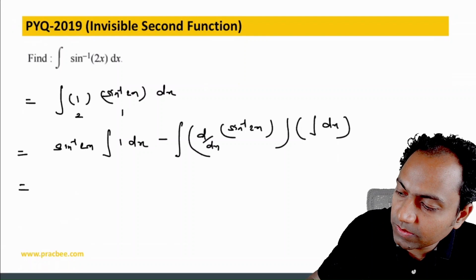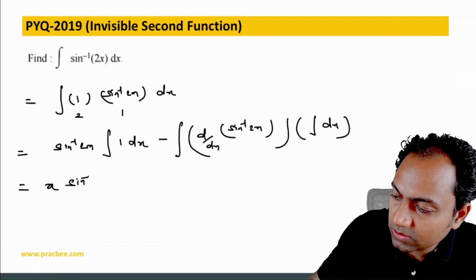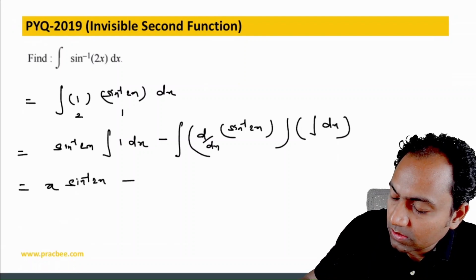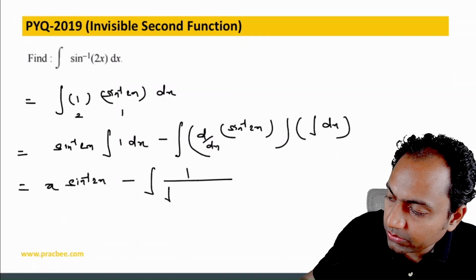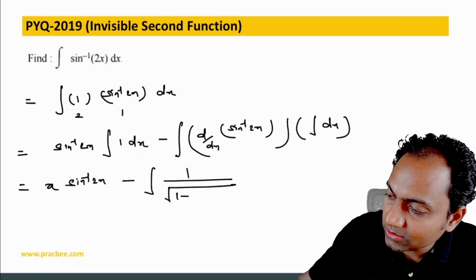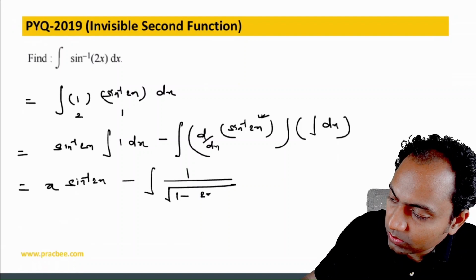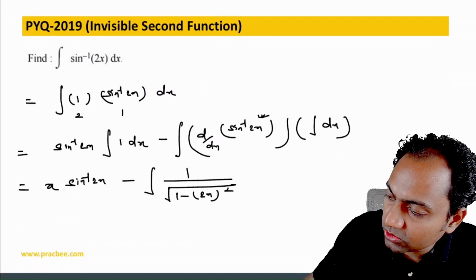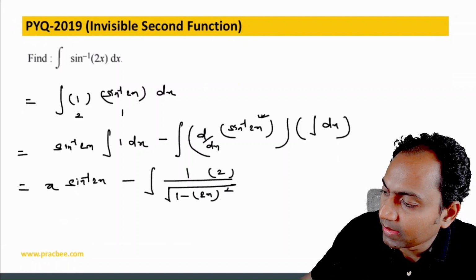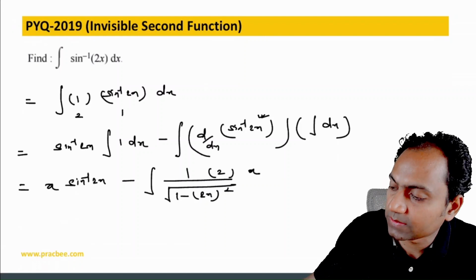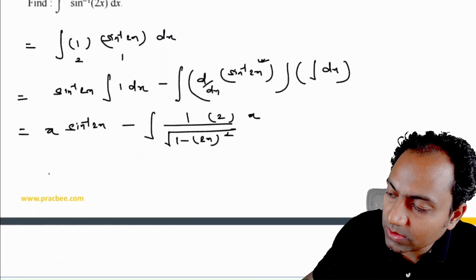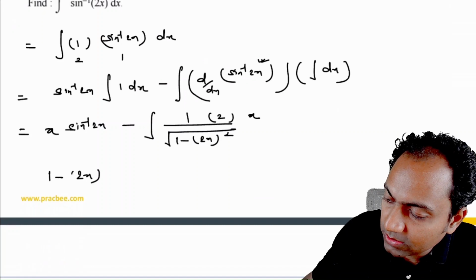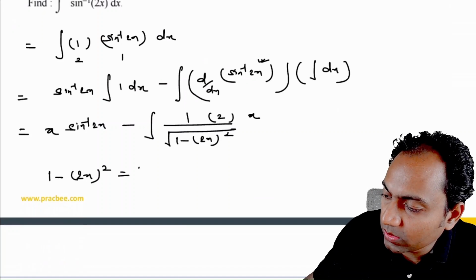If I do so, this becomes x sine inverse 2x. This becomes nothing but 1 by root of 1 minus x, in place of x there is 2x, so let us write 2x whole square here. Differentiation of 2x would be 2. Integration of 1 will become x. Now what we can see here is whatever is in the denominator, that is 1 minus 2x whole square, we can put this as t.